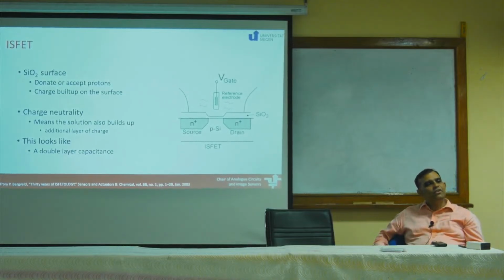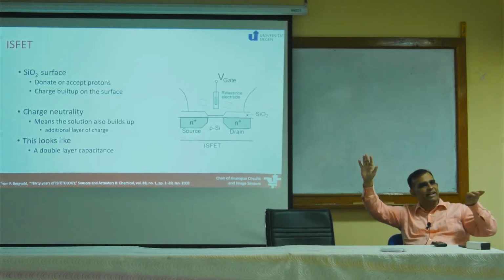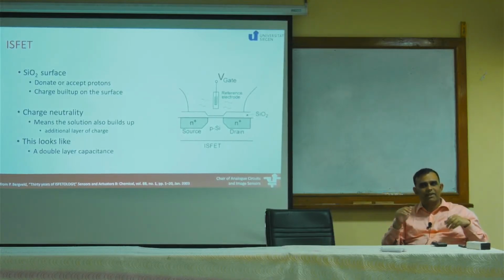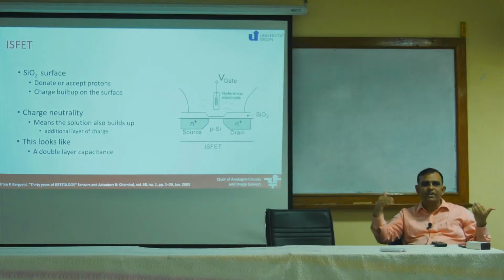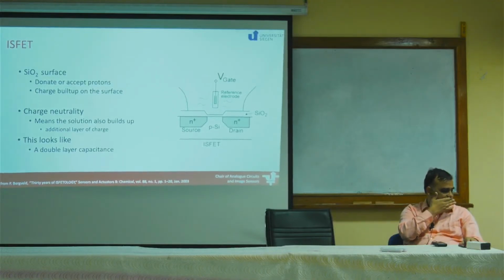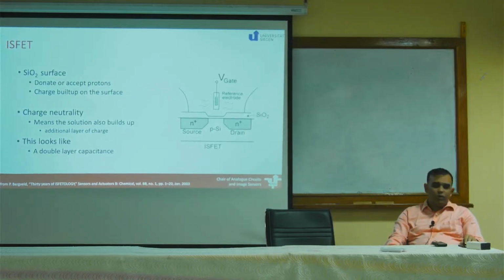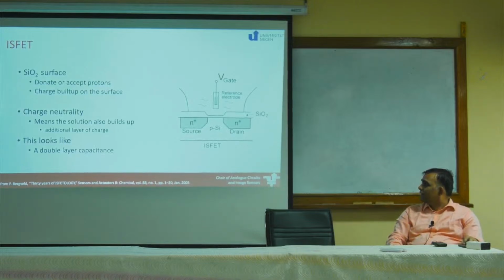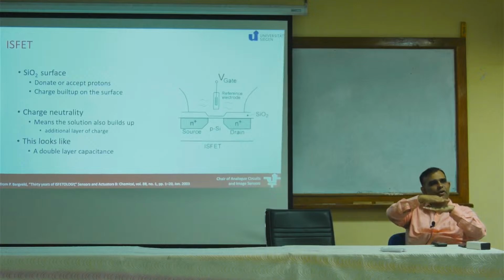So, charge has a condition called the charge neutrality condition. If we have a positive charge here and negative charge here, the charge will move till it becomes the same. Same with liquid, right? You have high pressure here, low pressure there, it moves to become the same pressure. So, what essentially happens, due to charge neutrality, we get a layer of liquid being formed on top of my dielectric.